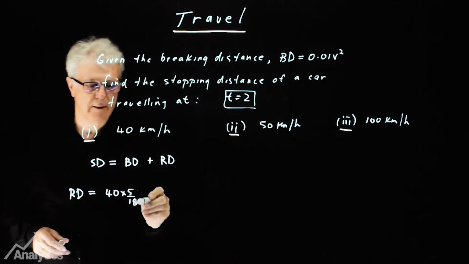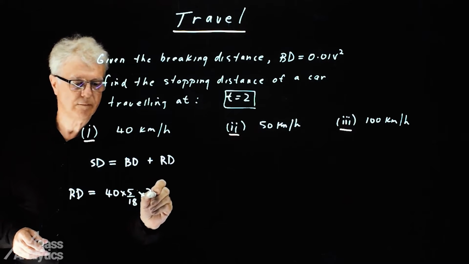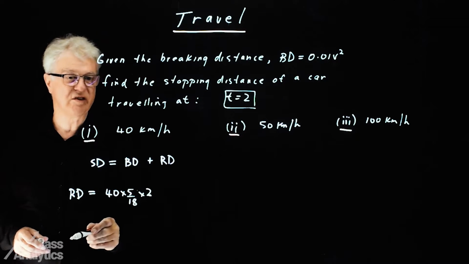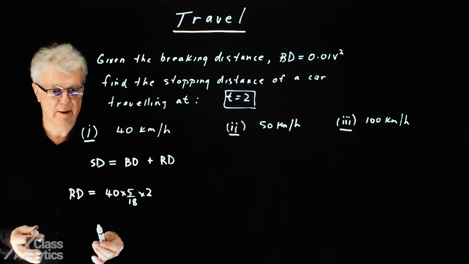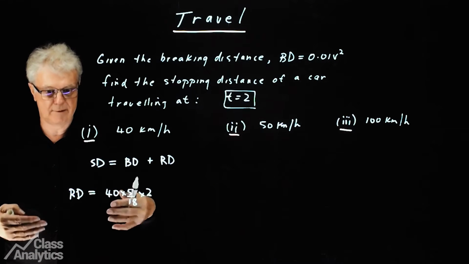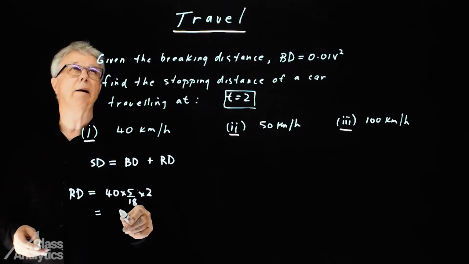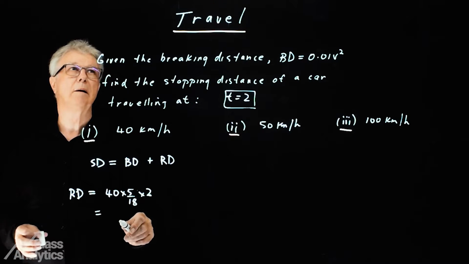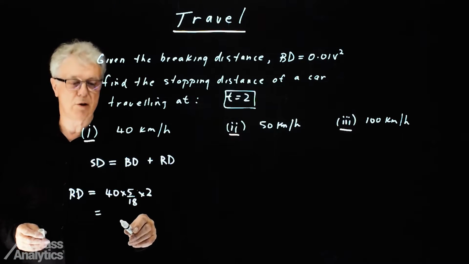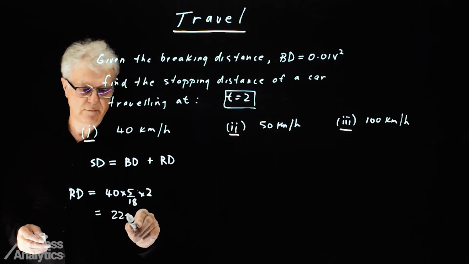Sorry about that. Times 2. That's about the average time, about 2 seconds it takes for somebody to react when they see the accident to pull up. So I'll work all that out. That gave me 22.2 metres.